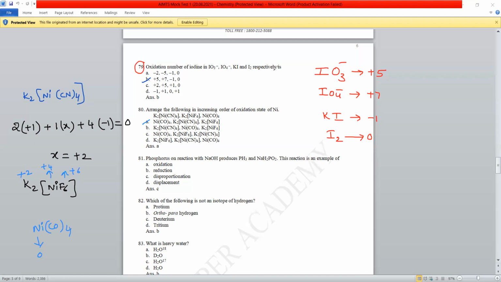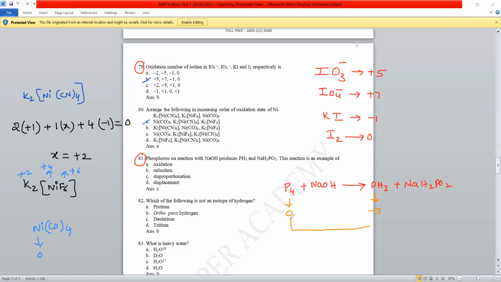Next, question number 81, students. Phosphorus on reaction with NaOH produces PH3 and NaH2PO2. So P4 treated with NaOH will produce PH3 plus NaH2PO2. From here, in the elemental state the oxidation state is 0, and in PH3 the oxidation state is -3.